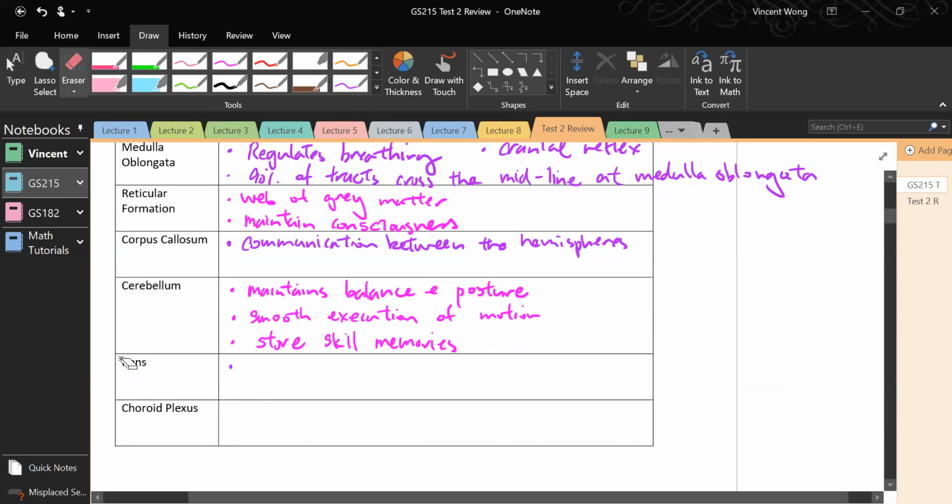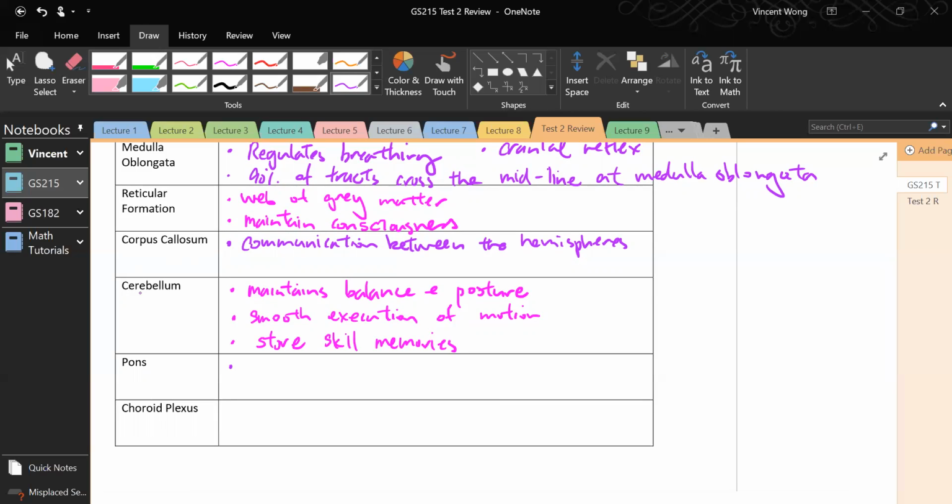Okay, pons. Pons means bridge. Another question, just for those of you who are thinking about this: what structure is located between the pons and the cerebellum?